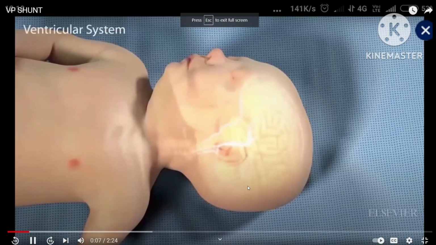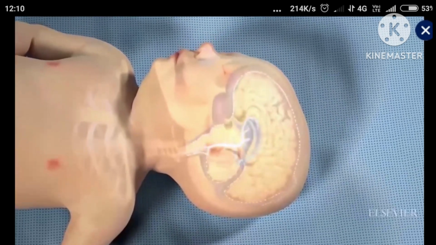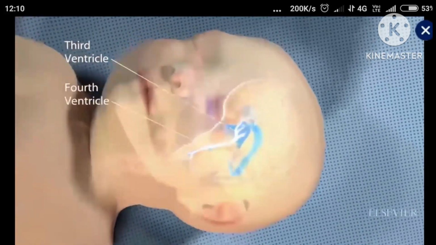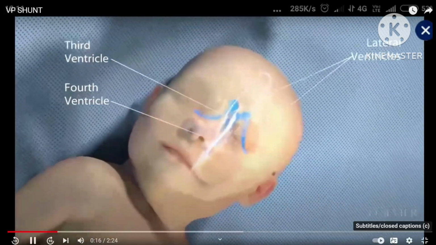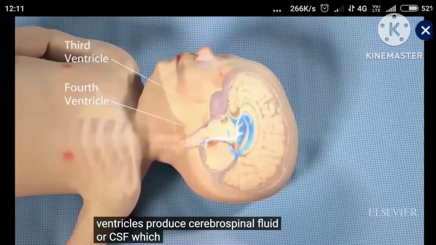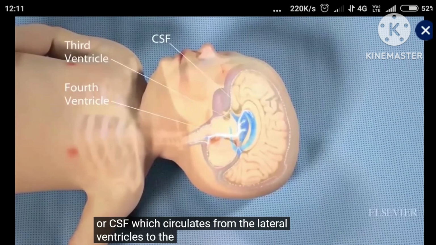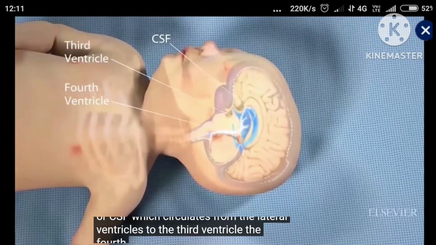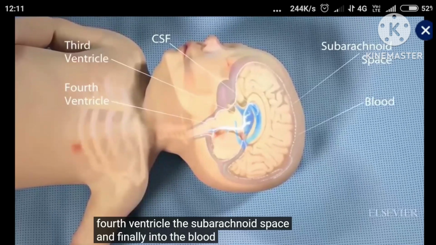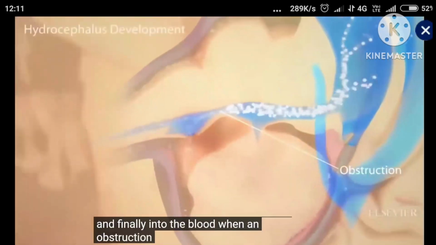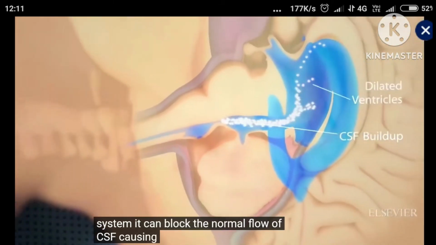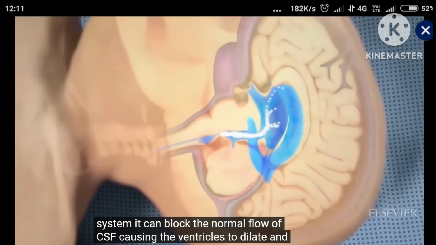In the brain, the ventricular system includes the third ventricle, fourth ventricle, and lateral ventricles. The ventricles produce cerebrospinal fluid, or CSF, which circulates from the lateral ventricles to the third ventricle, the fourth ventricle, the subarachnoid space, and finally into the blood. When an obstruction develops in the ventricular system, it can block the normal flow of CSF, causing the ventricles to dilate and become distended.